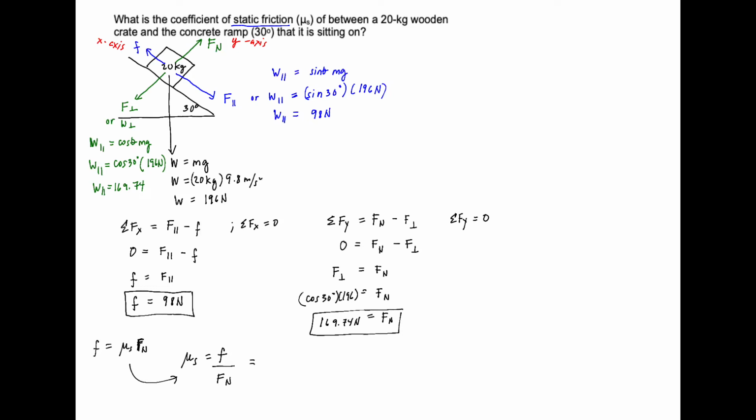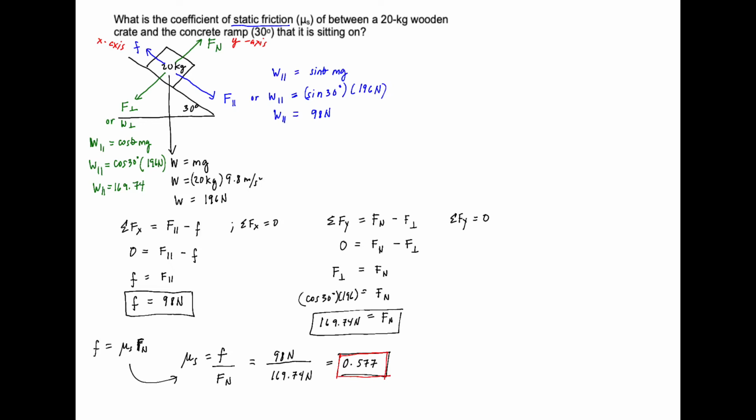So that would be 98 newtons divided by 169.74 newtons, and pressing that on the calculator, that would be equal to 0.557. Since it is the coefficient of static friction, it is unitless. So this will be our final answer.